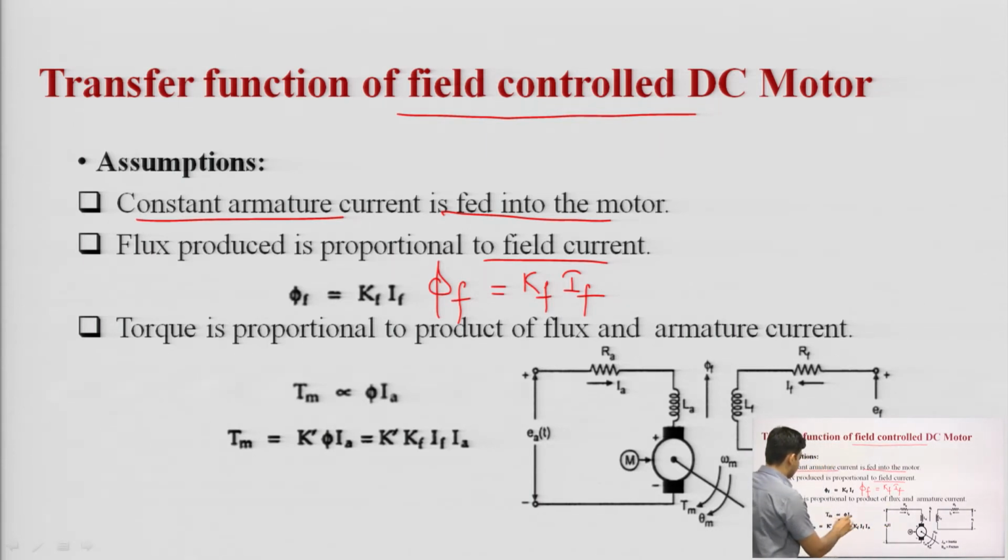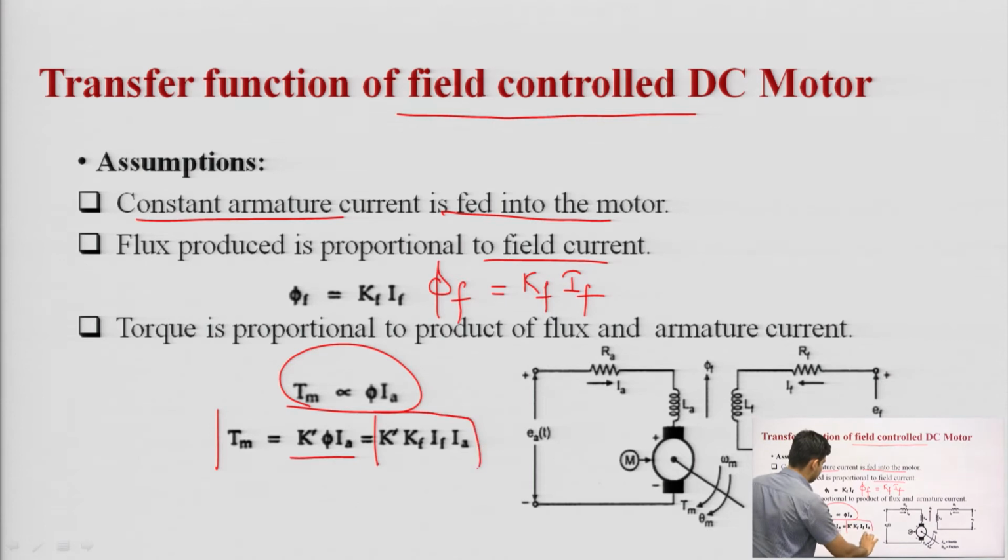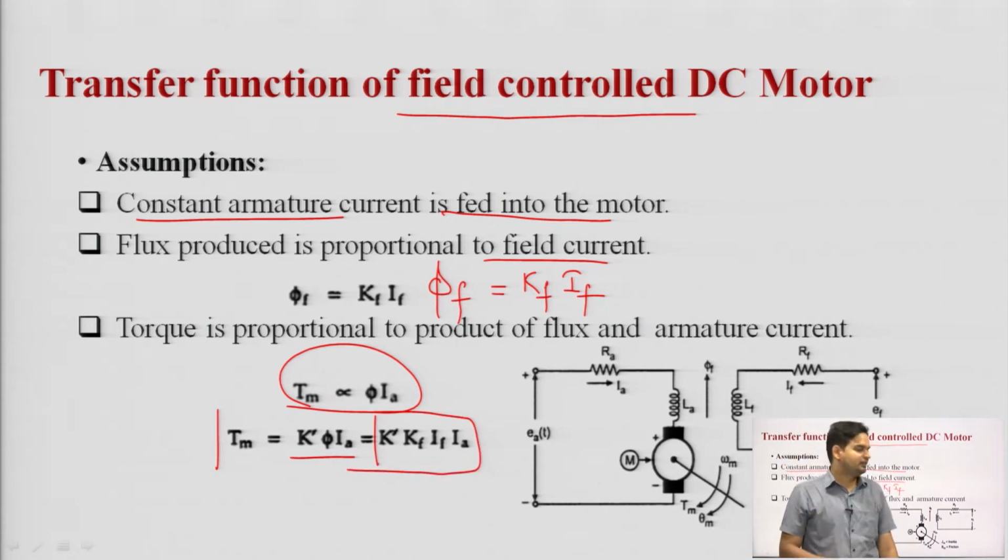So, Tm is proportional to phi and Ia, where the torque of the motor is given as K dash of phi Ia, or it is written as this much. How we are writing this expression we will see in the next slide.